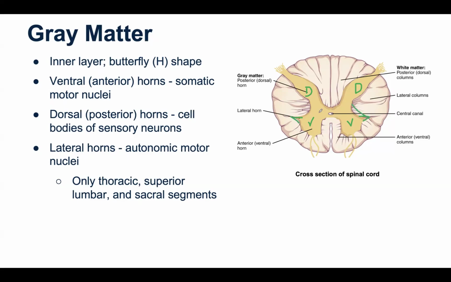Generally, illustrations show it a little more robust on the lateral side. Remember that the sympathetics are considered thoracolumbar, so T1 to L2, whereas parasympathetics are craniosacral. So certain cranial nerves will have parasympathetics associated with them, but also spinal cord segments S2 through S4 will have parasympathetics too. So these portions of the spinal cord will have lateral horns as well.